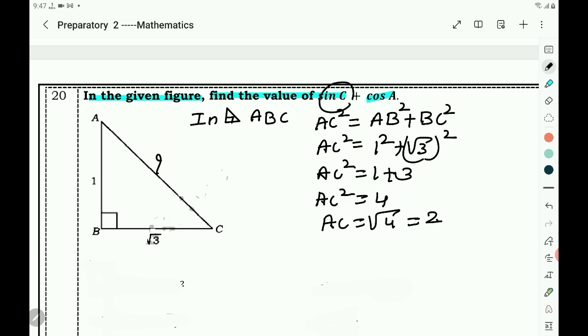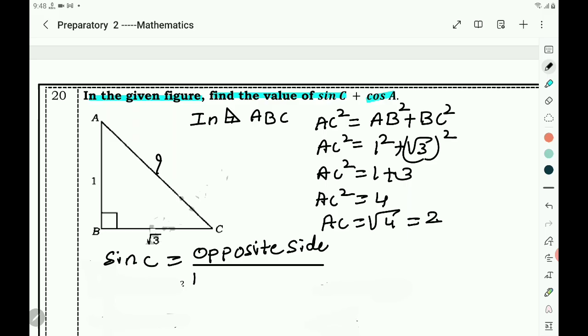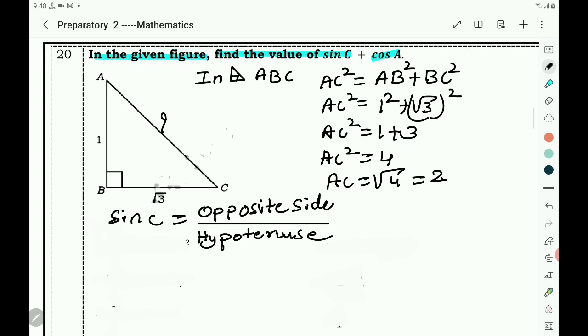Now you find sin C. Sin C equals opposite side by hypotenuse, equals opposite side for angle C. For angle C, opposite side is AB.